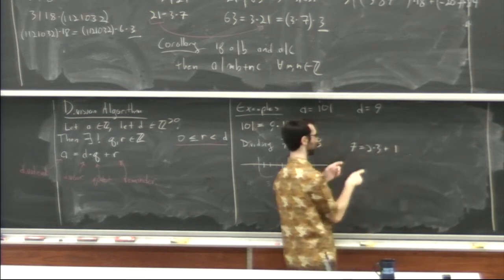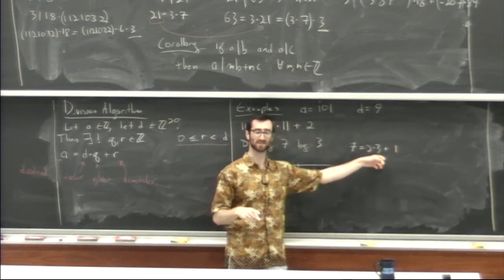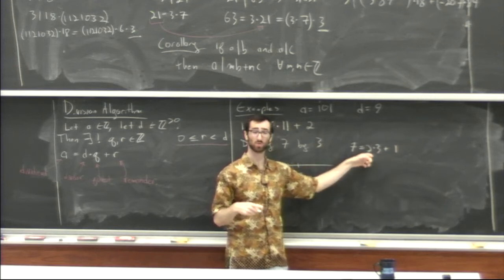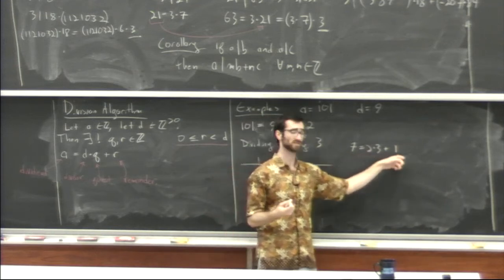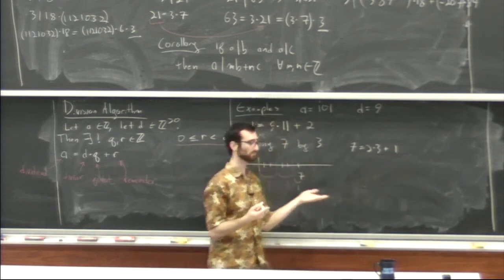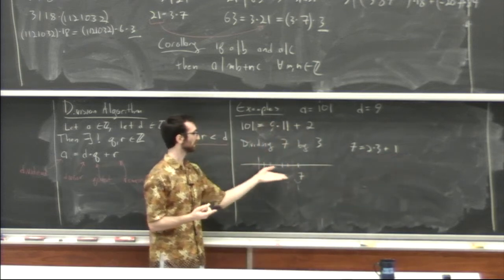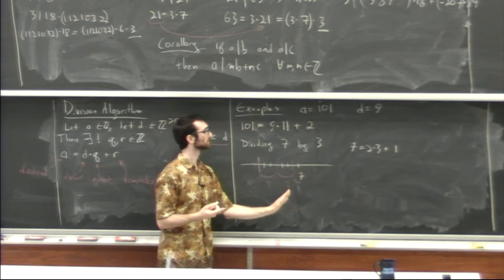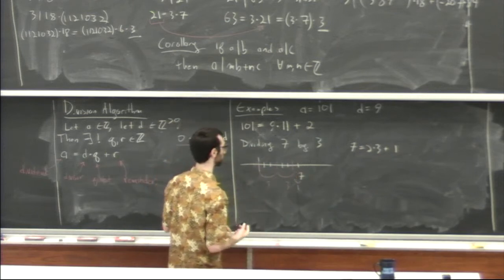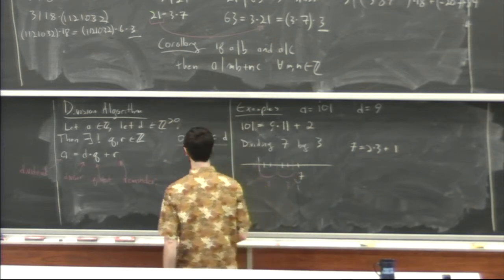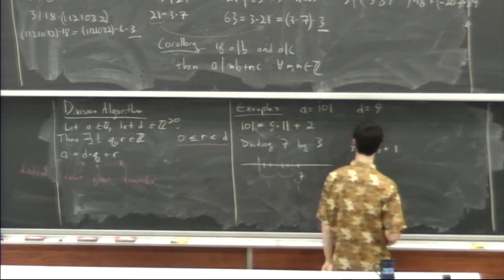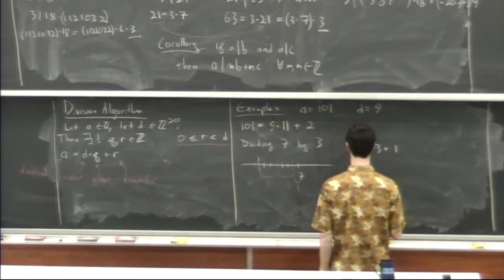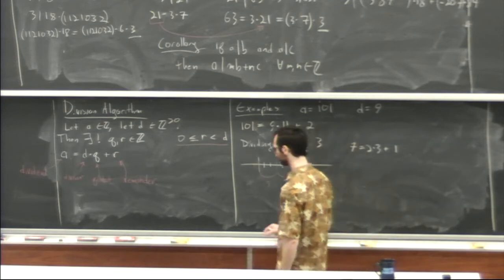This is the dividend, 3 is the divisor, 2 is the quotient, and 1 is the remainder. Okay? Fairly natural picture. Let's do another example. There's no good way to space this out.